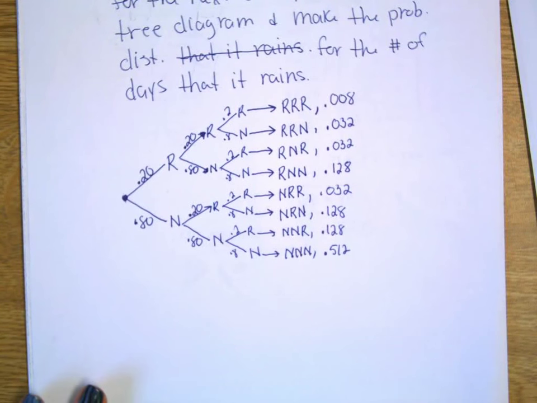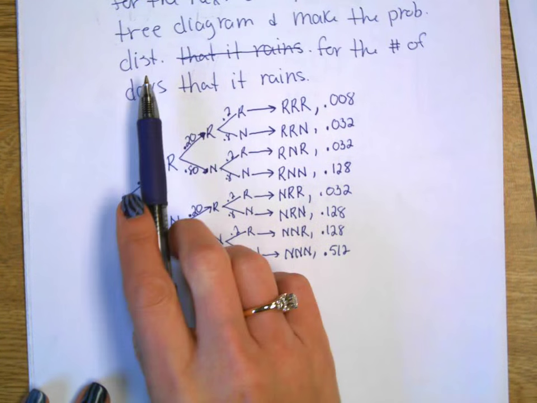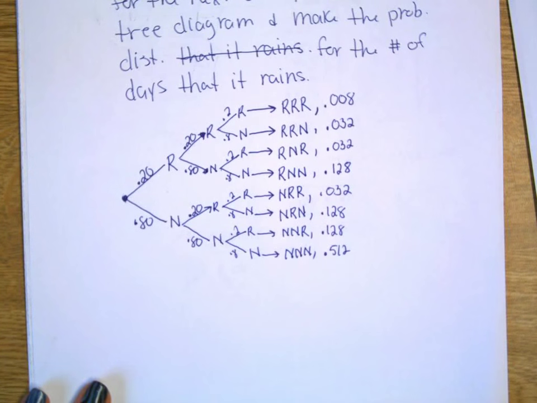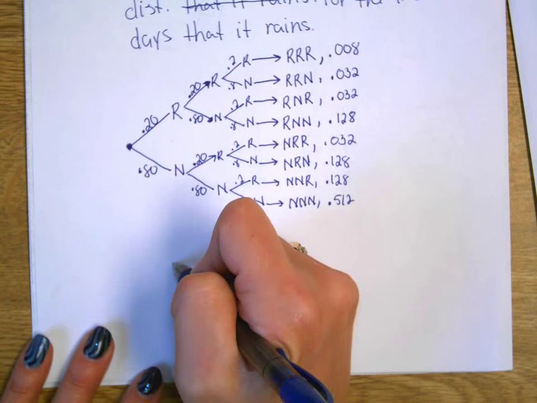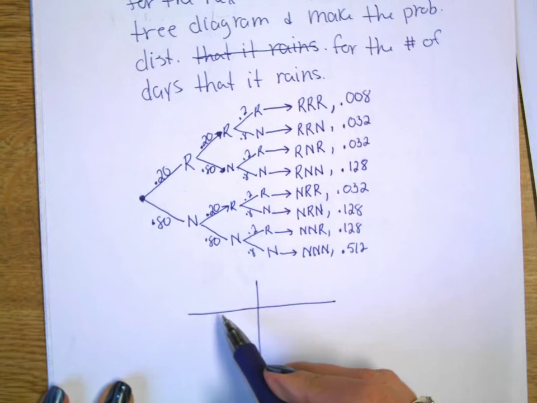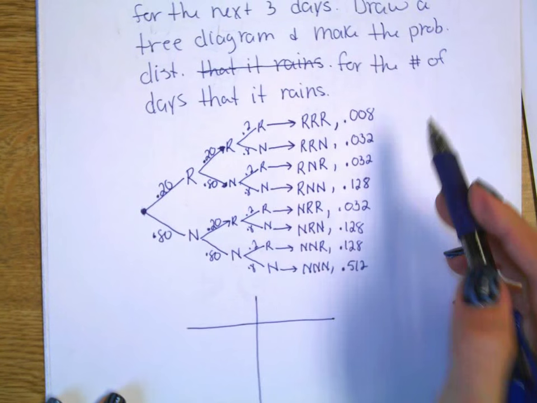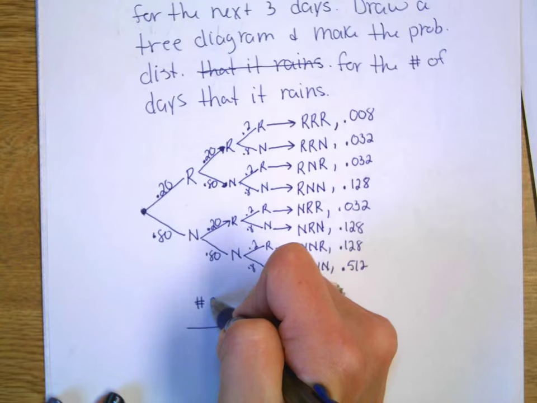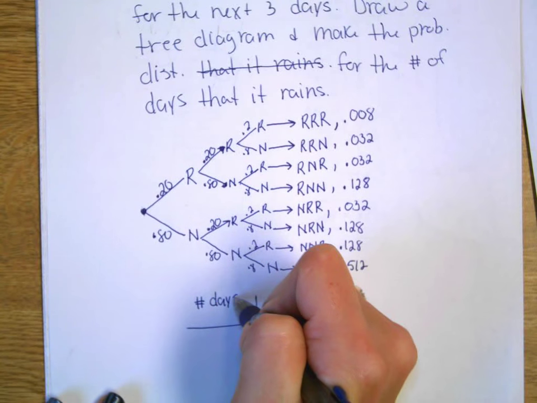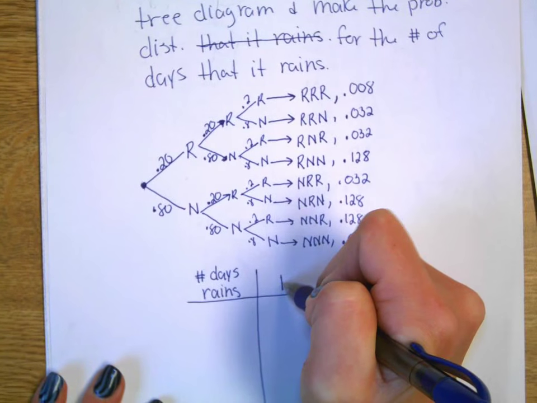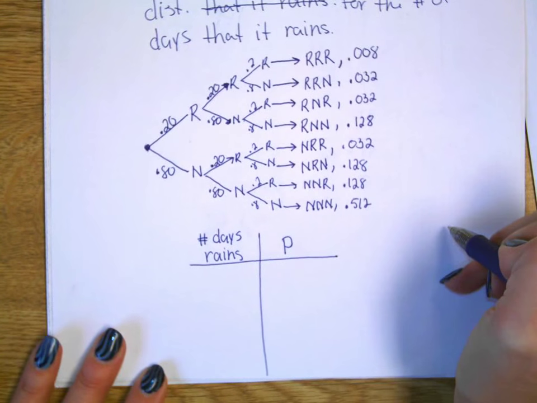Now that we've made the tree diagram, we want to make the probability distribution for the number of days that it rains. A probability distribution lists all possible outcomes, and I am looking at the number of days that it rains, and then the probability of that happening, P for probability.